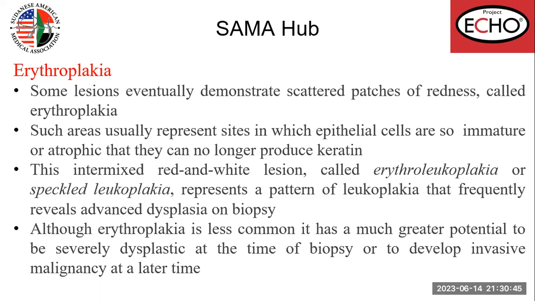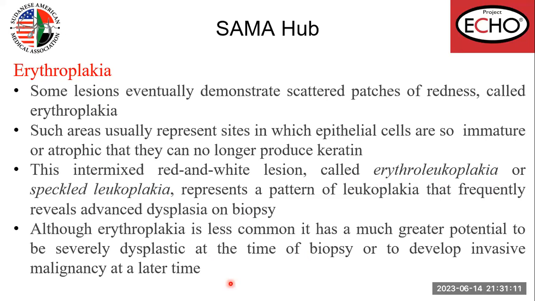All the blood vessels pumping the blood easily reflect the red color when you look at the lesion in clinical examination. So this intermixed red and white lesion, as I said before, is called erythroleukoplakia or speckled leukoplakia. And it represents a pattern of leukoplakia that frequently reveals advanced dysplasia on biopsy.